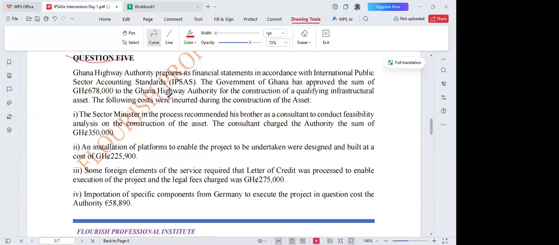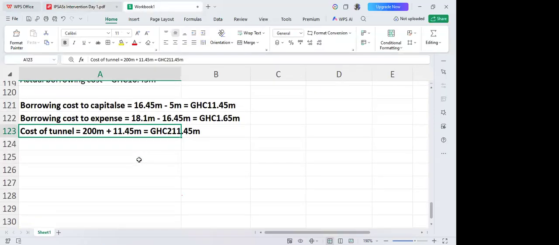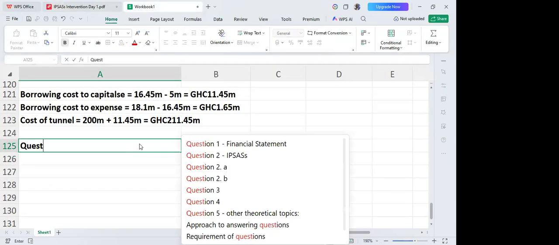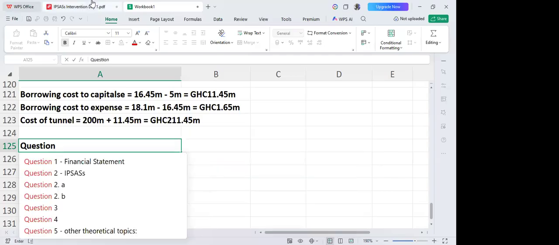Okay. So what are we supposed to do? You're supposed to determine the cost of the assets, basically, which is under IPSAS 17. So we'll go straight here. This is question number 5.